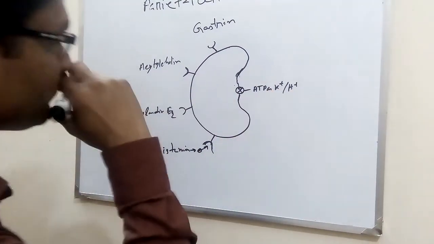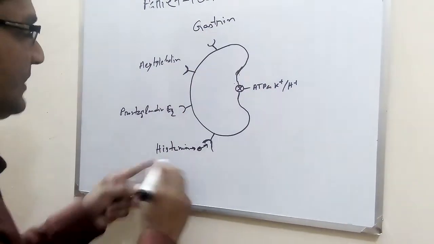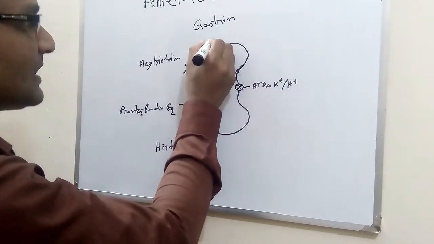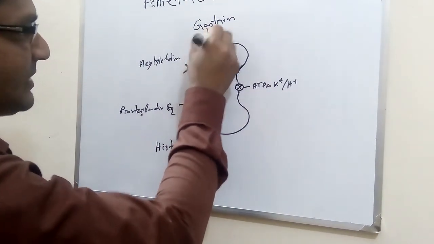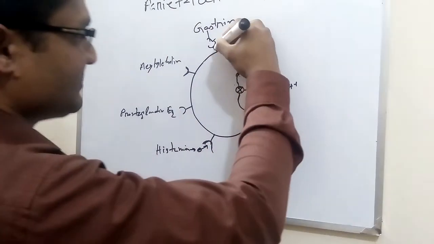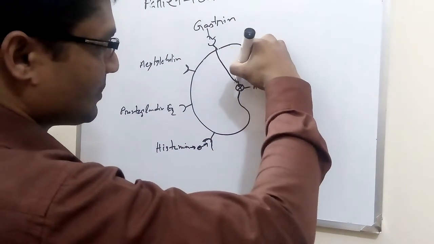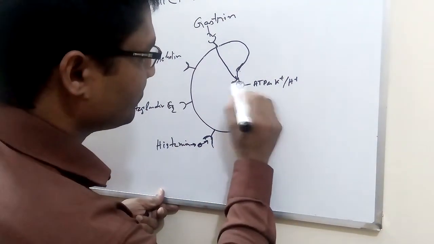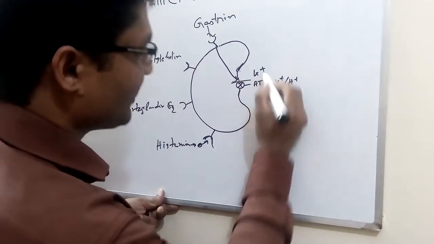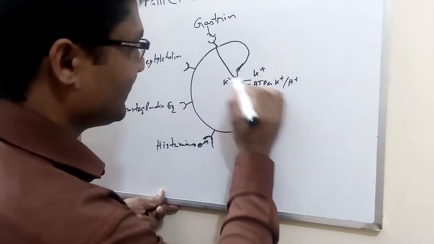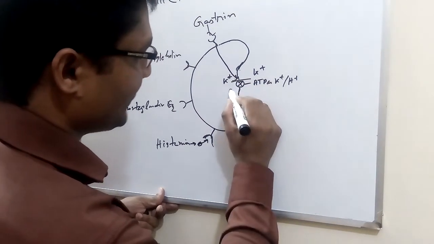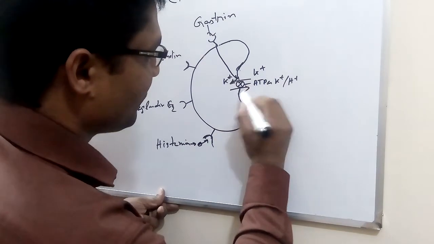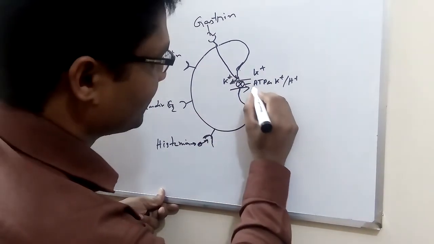Here when the gastrin binds with the gastrin receptor, it activates the proton pump, and the potassium comes from the lumen into the parietal cell, and hydrogen from the parietal cell into the lumen.